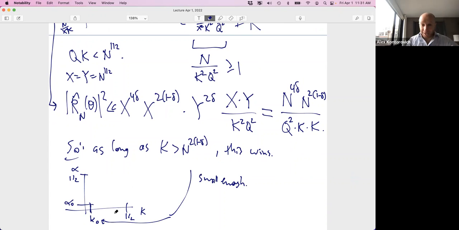Sorry, K0 large, as long as K0 is large enough that kappa starts at least at this exponent, as long as kappa 0 is greater than 2 times 1 minus delta, then we have our savings in this range.